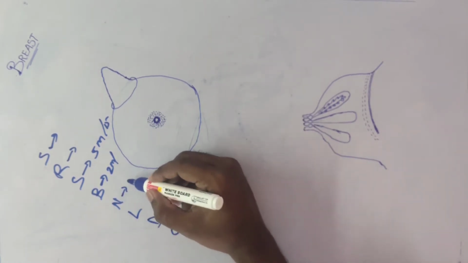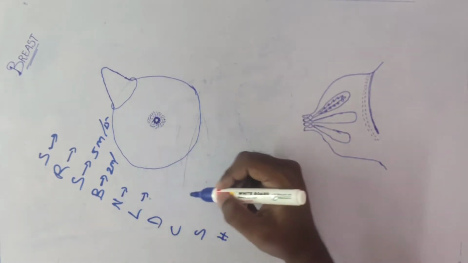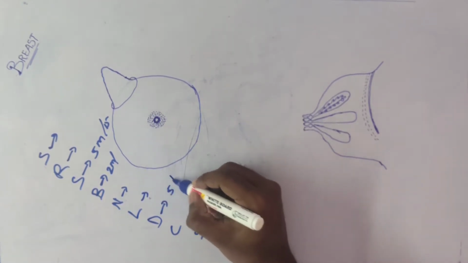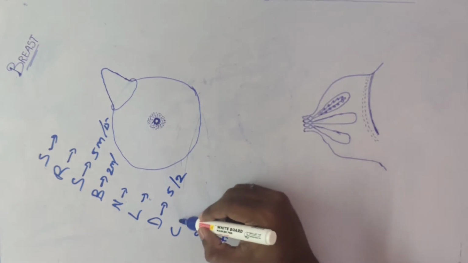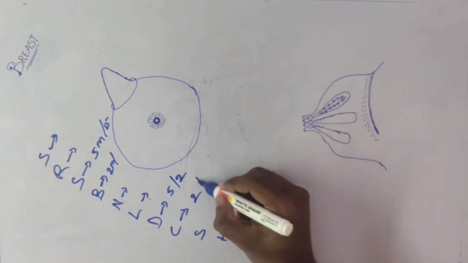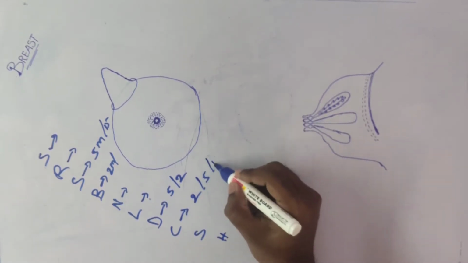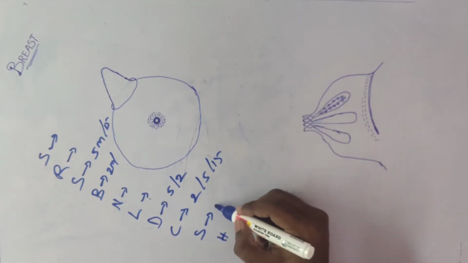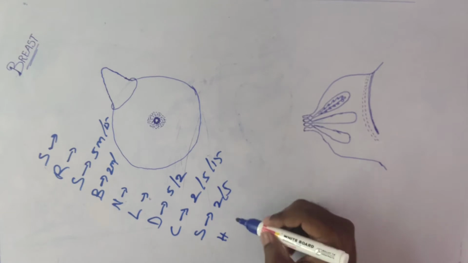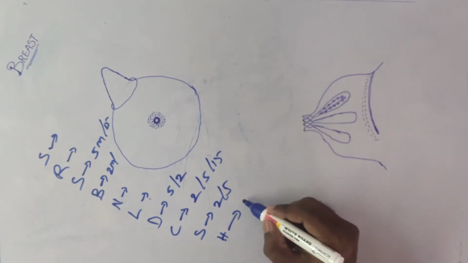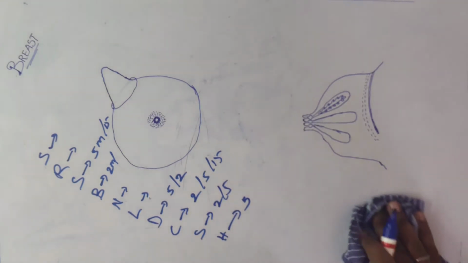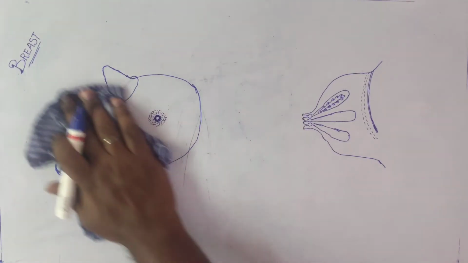Nerve supply also same as blood supply, lymphatic drainage also same as blood supply. Next, development will come for 5 marks or either for 2 marks. Next, clinical anatomy will come for 2 marks or either 5 marks or as well as in the 15 marks question. And self-examination of breast will come for 2 marks as well as in the 5 marks. And histology we will get for 5 marks. These are the concepts that we are going to study in the concept of breast.